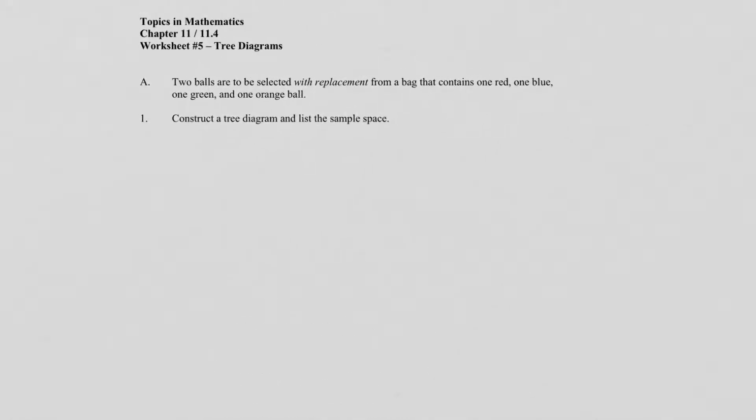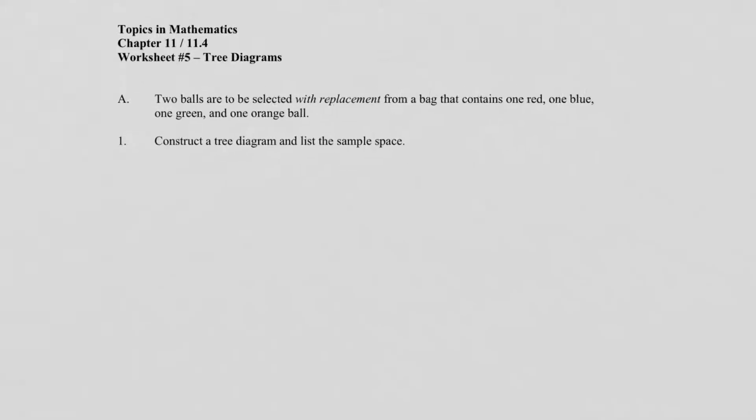So this has to do with creating or constructing a tree diagram to be able to see the number of possible outcomes from a particular experiment. So I just want to go ahead and explain tree diagrams. What's the gist of that? Why are we doing tree diagrams?